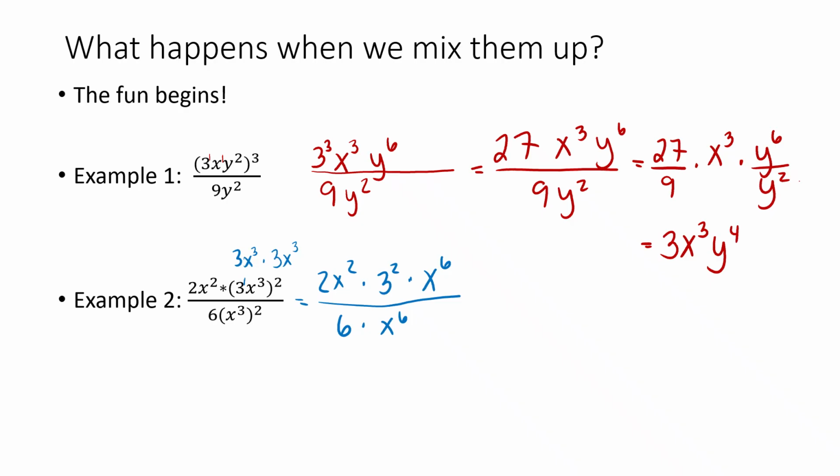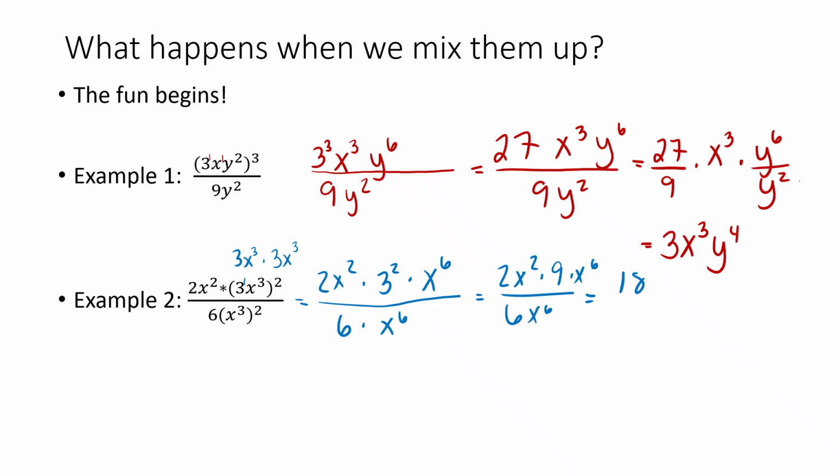Now, from here, you actually have some options. You can combine all of the x's in the numerator. So we could do 2x squared times 9 times x to the 6th over 6x to the 6th. 2 times 9 is 18.